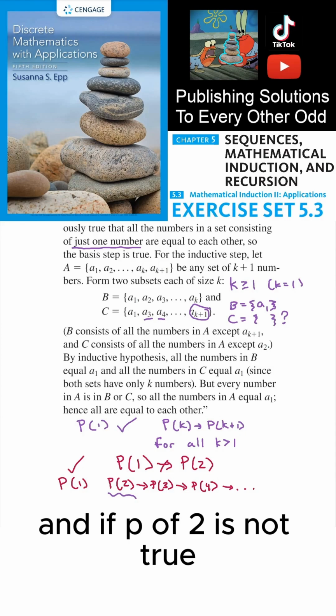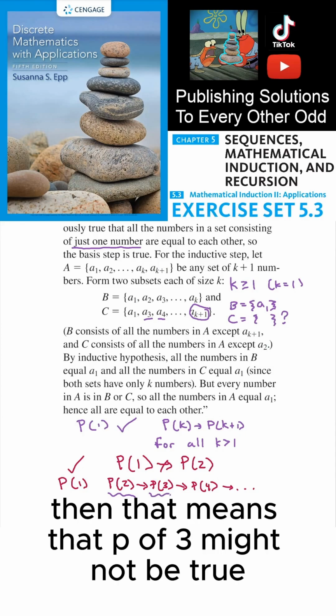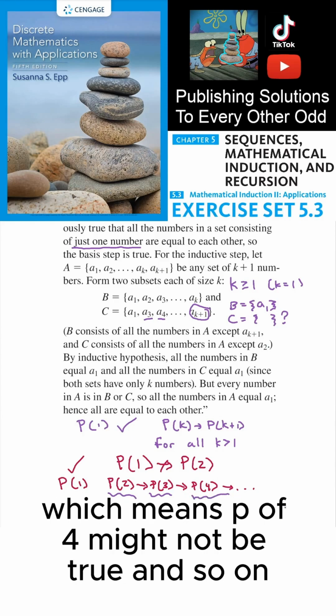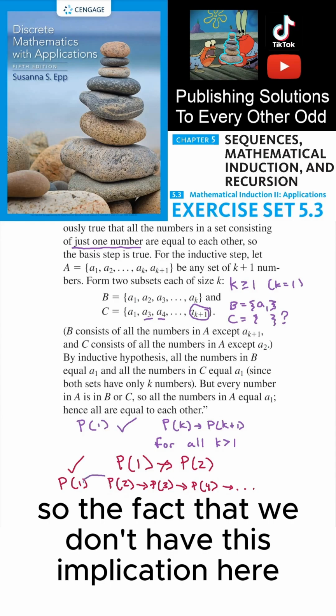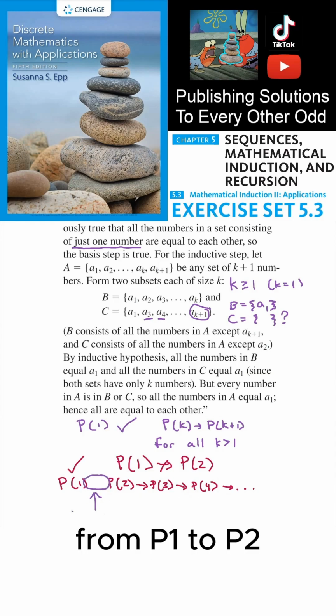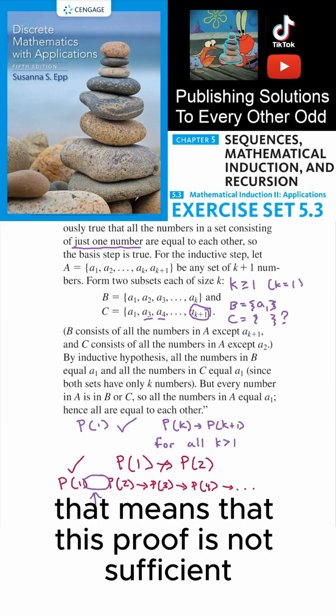And if P of 2 is not true, then that means that P of 3 might not be true, which means P of 4 might not be true, and so on. So the fact that we don't have this implication that connects P of 1 to P of 2 means that this proof is not sufficient.